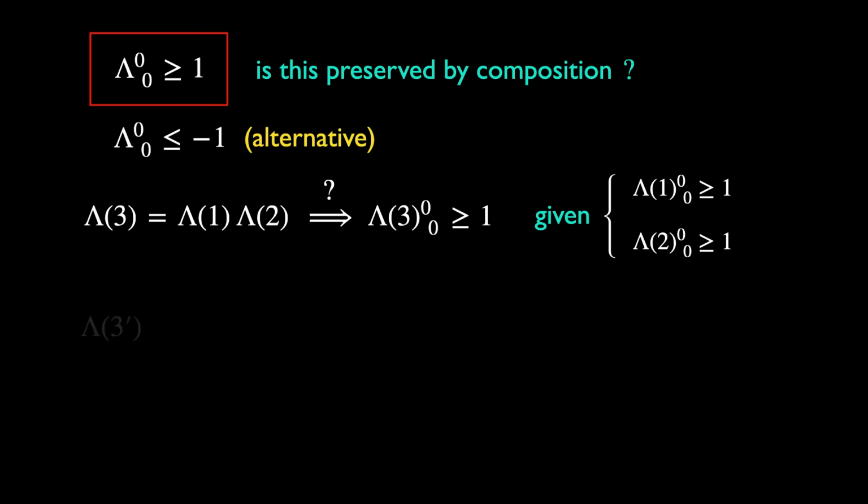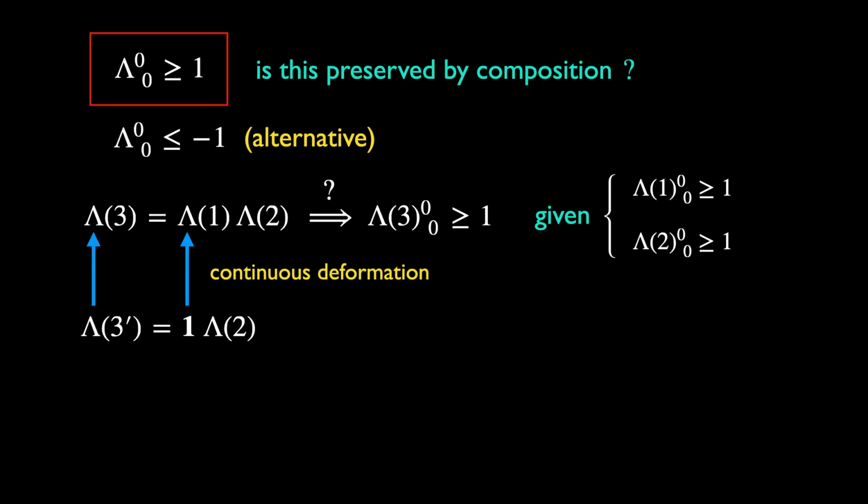And if we define lambda 3 prime by the composition of the identity matrix and lambda 2, this matrix can be deformed continuously into lambda 3 by deforming the identity matrix into lambda 1. And it is obvious that lambda 3 prime satisfies the property in the red box because lambda 2 does.